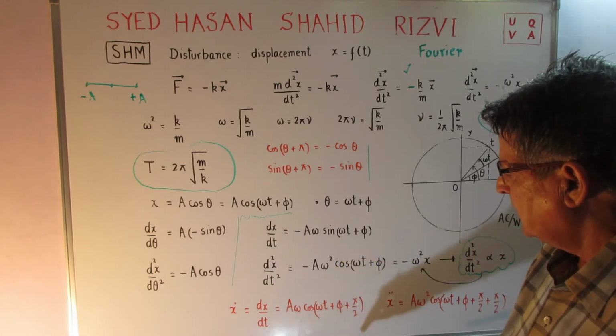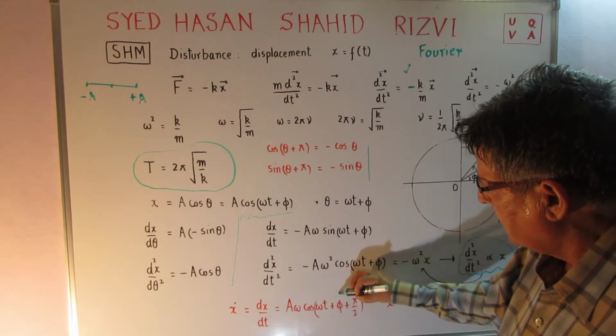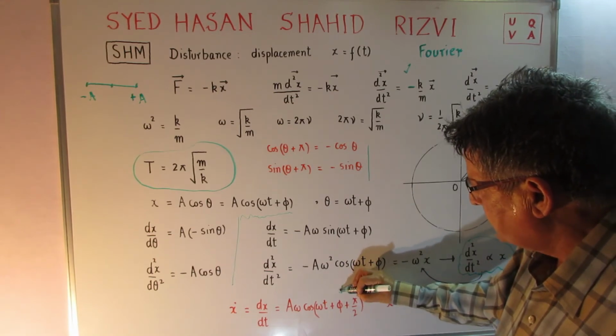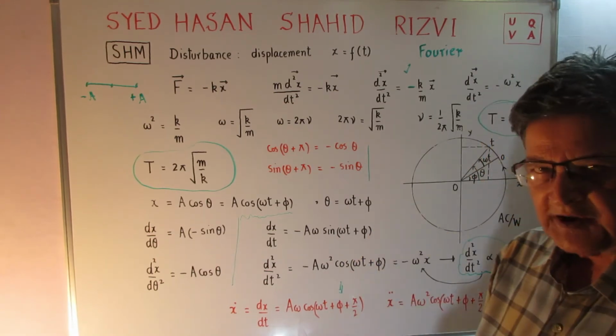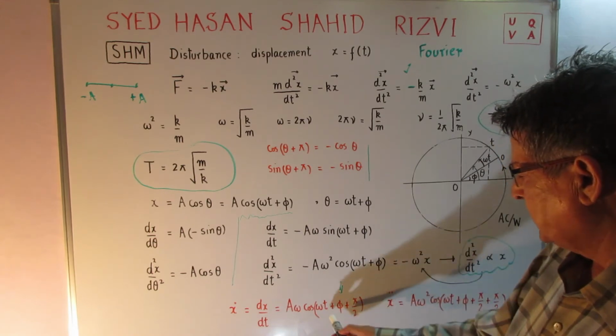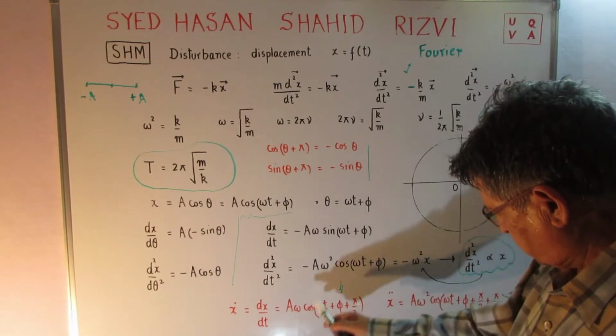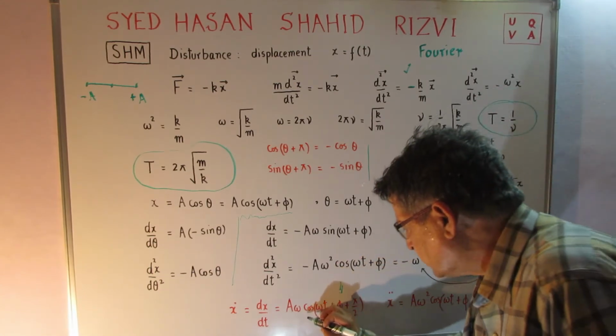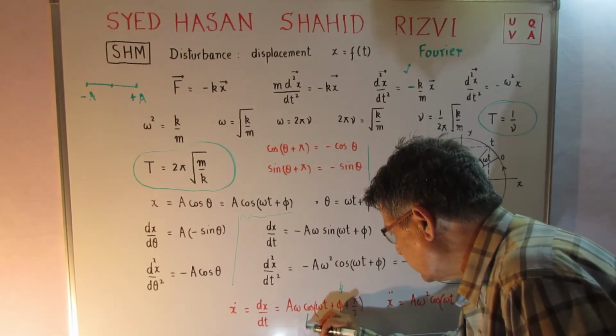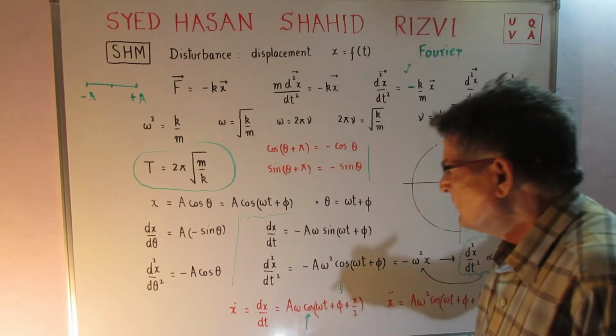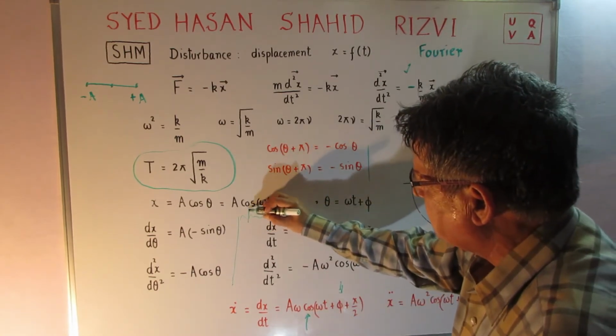The argument or the phase becomes equal to omega t plus phi plus pi by 2, which means that this cosine function is the same function as this cosine function.